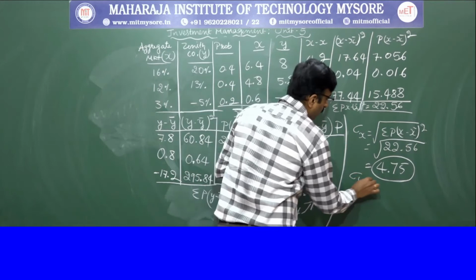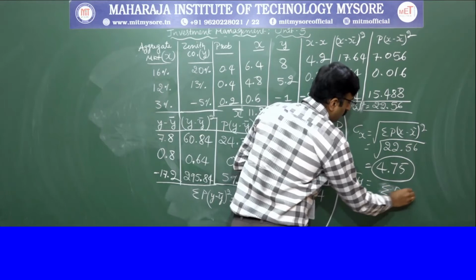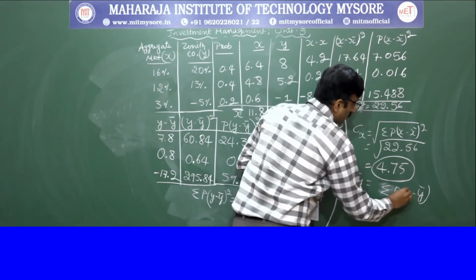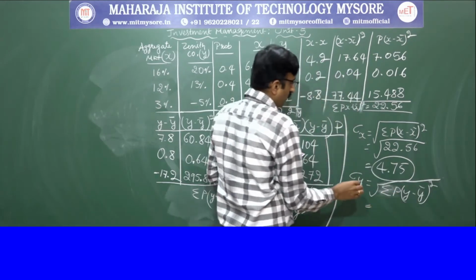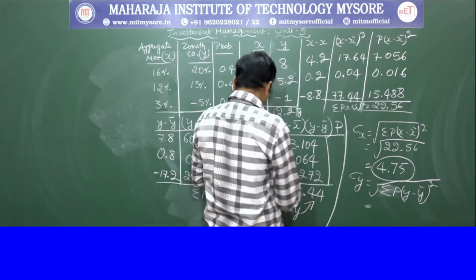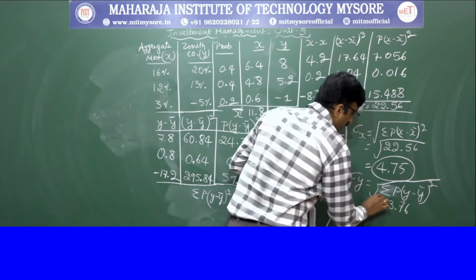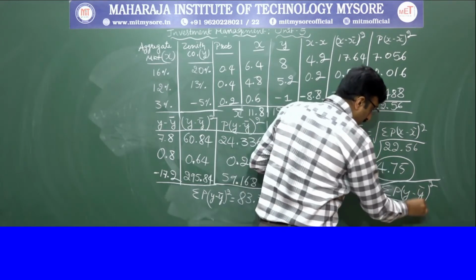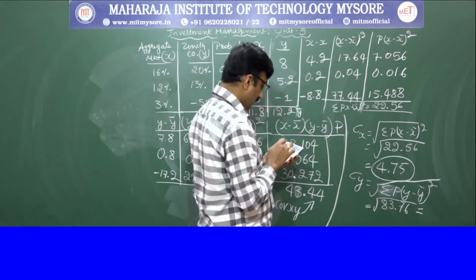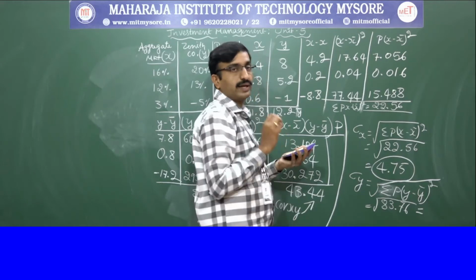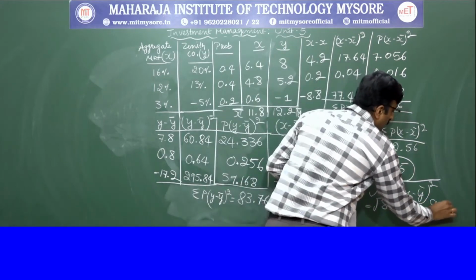Same thing you do for y, that is sigma p into y minus y bar whole square, root of that is 83.76. Root of that, you will get 9.15.